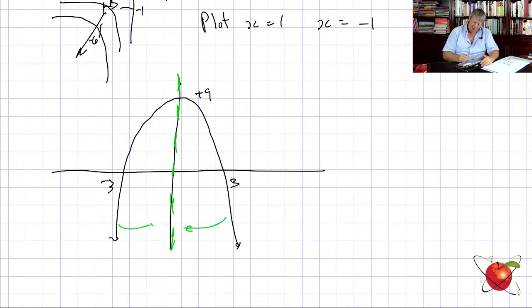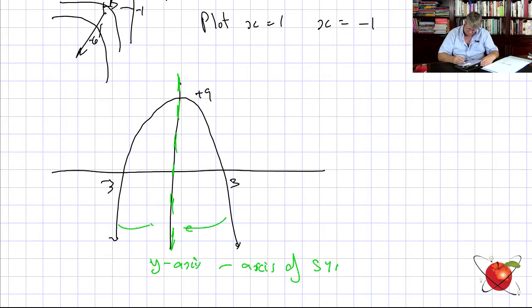So therefore, the y-axis is an axis of symmetry. Okay? Because it's symmetrical. It's the same about that axis. All right. Well, that's great.